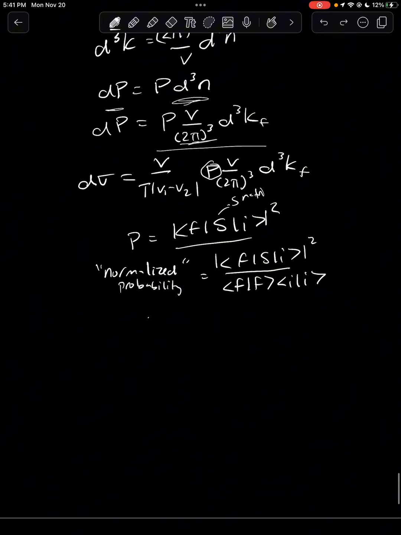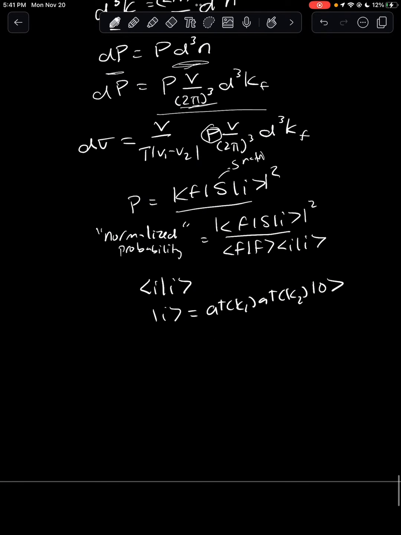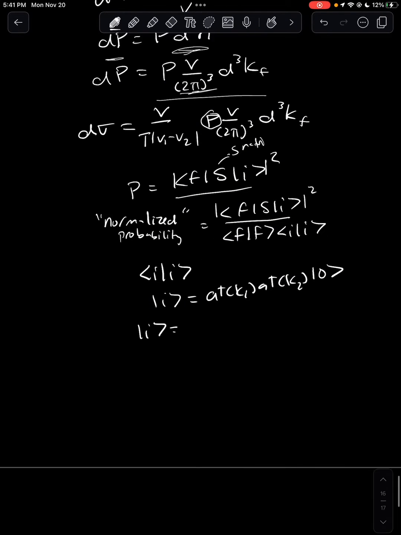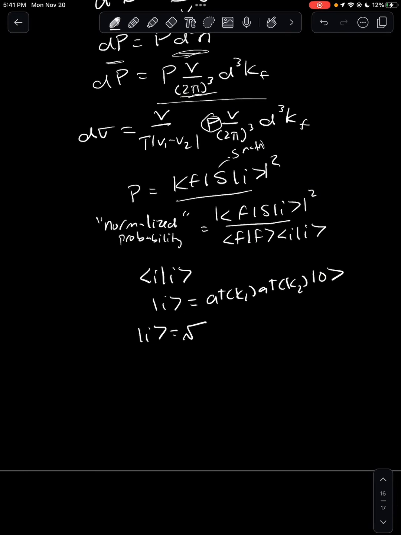So what is this going to be equal to? Well, our initial state consists of two particles that are being scattered off each other, right? So we could write it like a conjugate k1, a conjugate k2, acting on the vacuum state. But for whatever reason, people like to put this factor in front of the creation operators to define the normalized initial state.